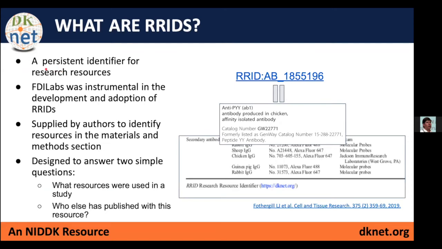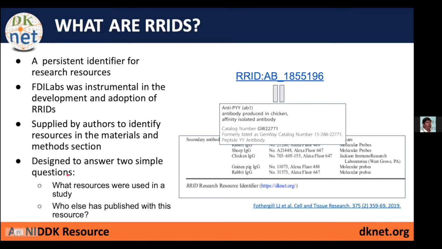If people aren't familiar with RIDs, and we'll go into much more detail in a future bootcamp, the RIDs themselves are persistent identifiers for research resources, and journals are suggesting or requiring that authors provide these RIDs for resources used in manuscripts that are to be published.